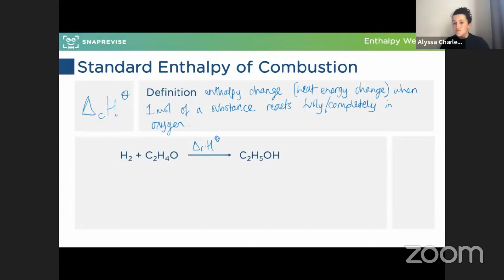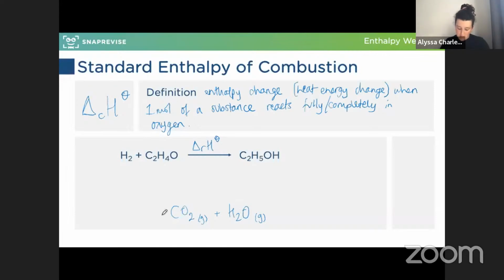What happens when we burn C2H4O? It's an organic substance. It's not a hydrocarbon, but it's still an organic substance, which means there's only going to be two products. The two products are going to be carbon dioxide and water. Likely gaseous water, but we don't know for certain. How many moles of each are we going to form?